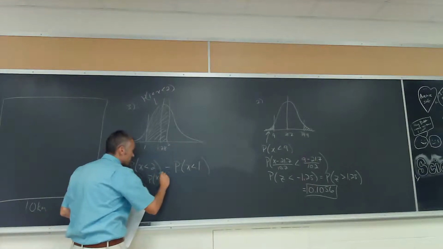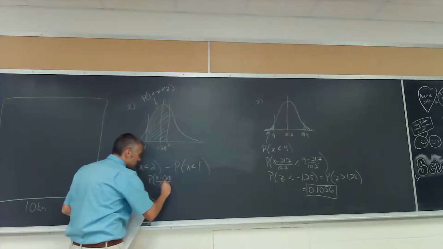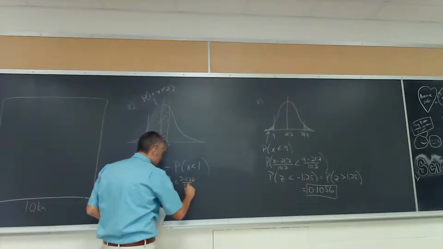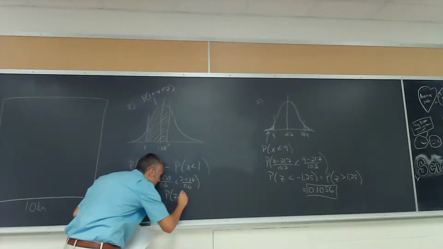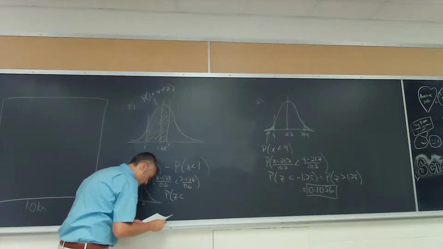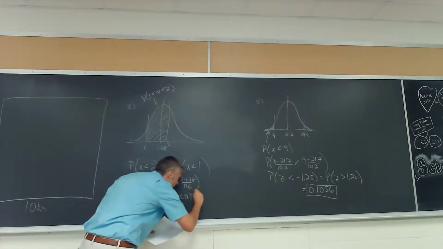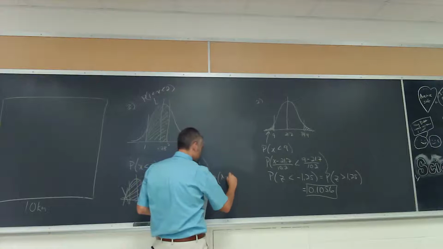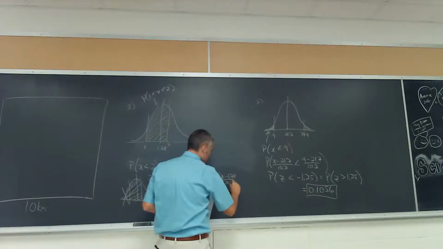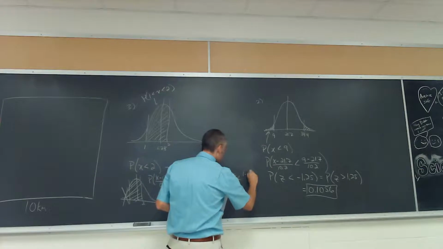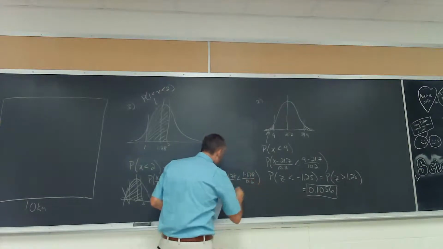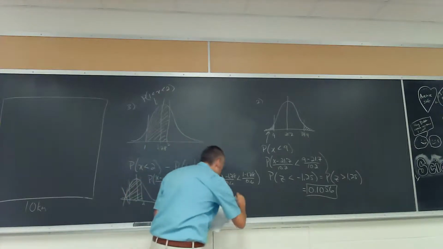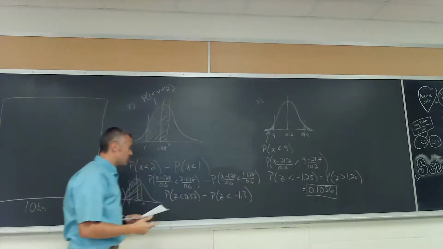Same thing, we just subtract your mean, divide by the standard deviation. And that gives us our z, 0.37. Then this one, negative 1.